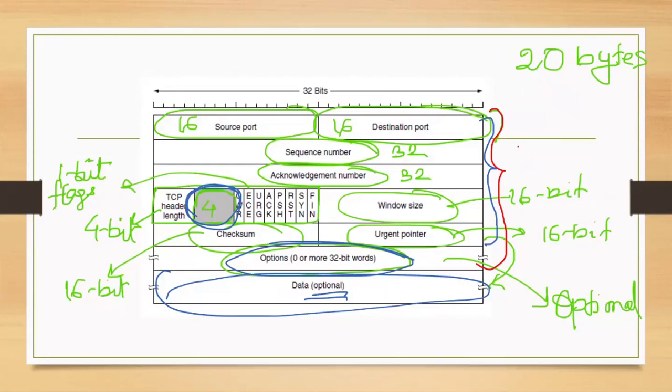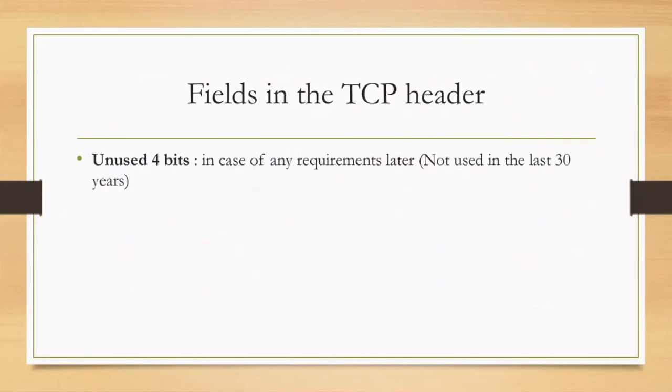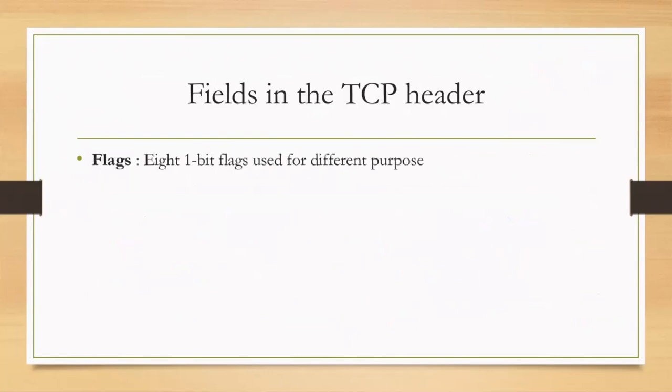TCP is a very robust protocol and changes have been made, but for the last 30 years this field has not been used. The requirement has not come, so these 4 bits still lie unused.